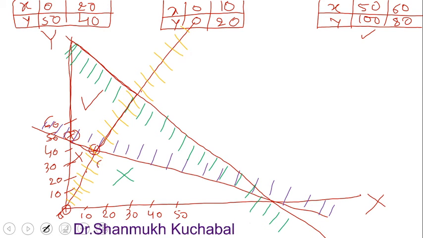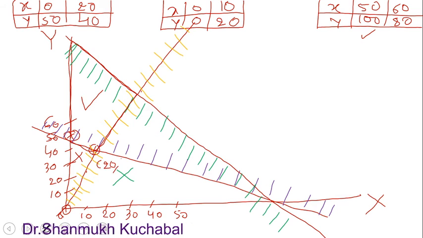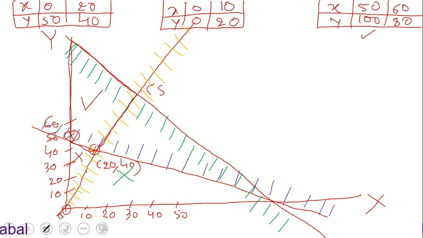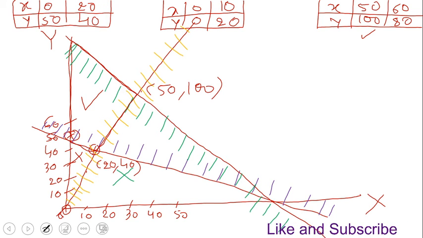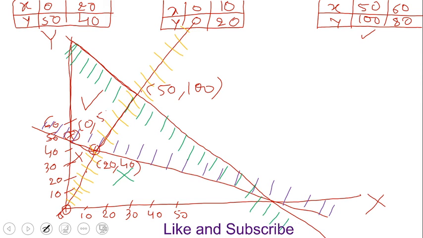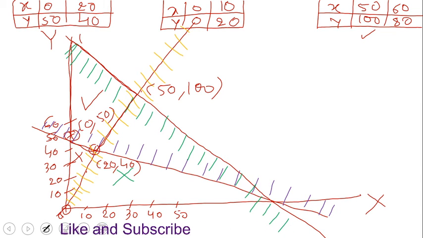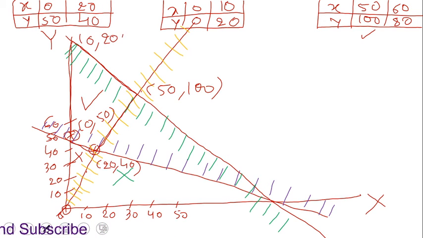Here this point is 20, 40. Another point we observe is 50, 100. One more point we write is 0 comma 50. And this point is 0 comma 200.